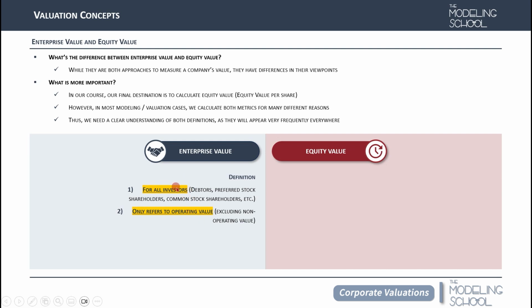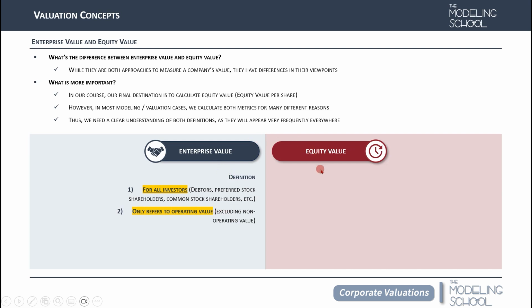By all investors, we mean not only the shareholders, but also the creditors. And by focusing on operating value, we're excluding non-operating assets, such as investment assets and real estate assets.